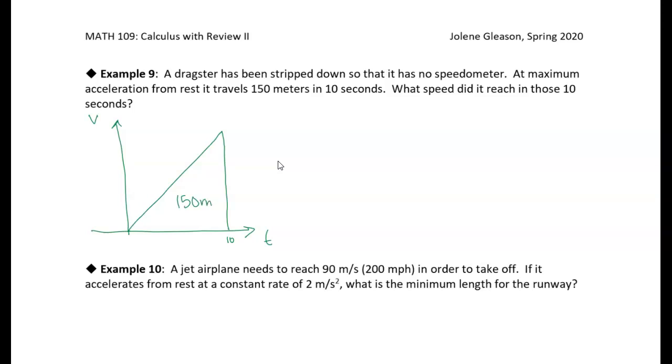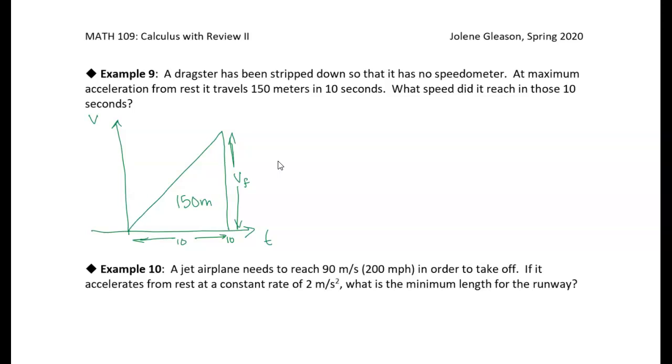So our 10 seconds is the base of this triangle, and then our final velocity is the height of that triangle. I want to know what speed it got up to in those 10 seconds, so I'm trying to find this final velocity.